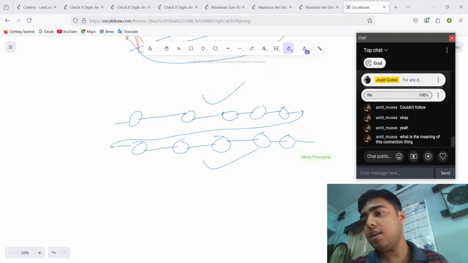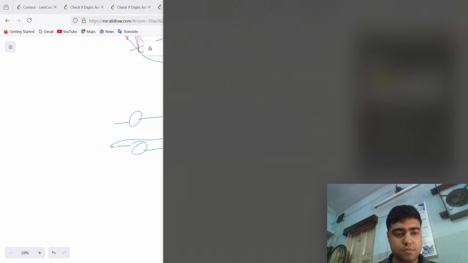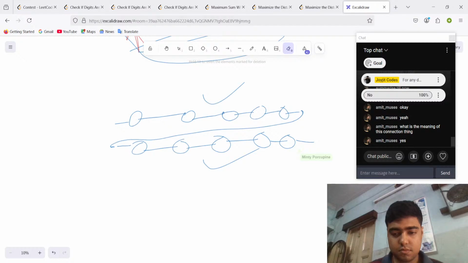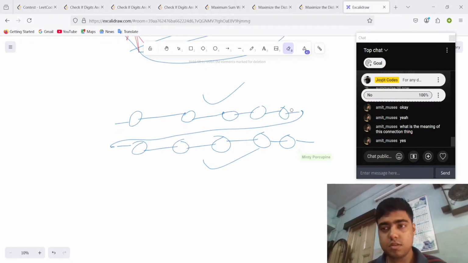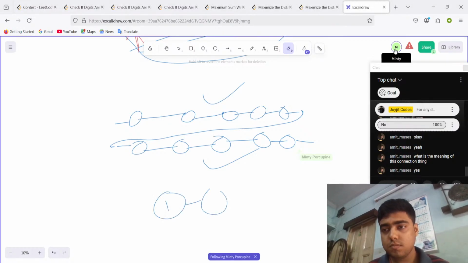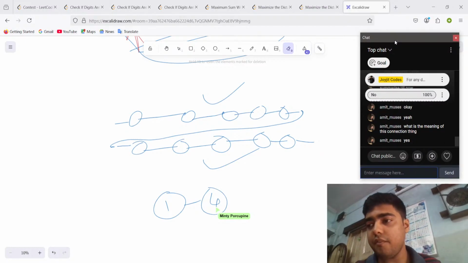Let's say there are various nodes 1, 4, and 5, right?